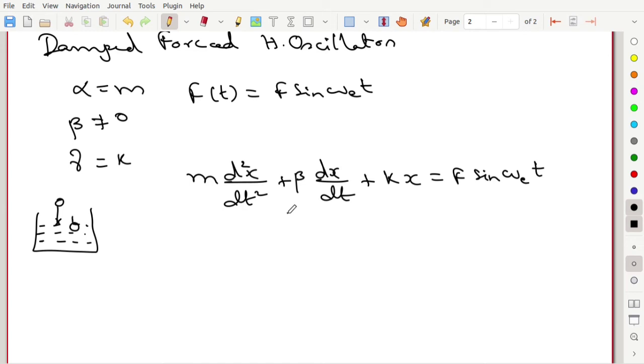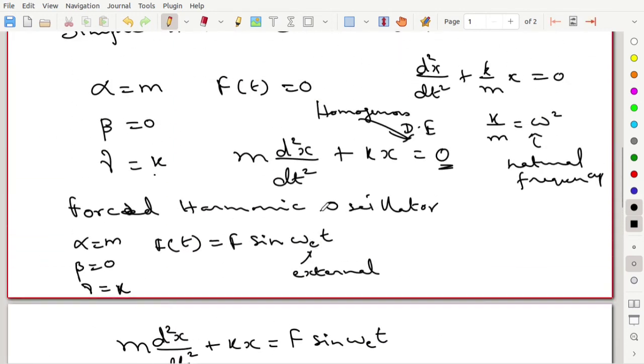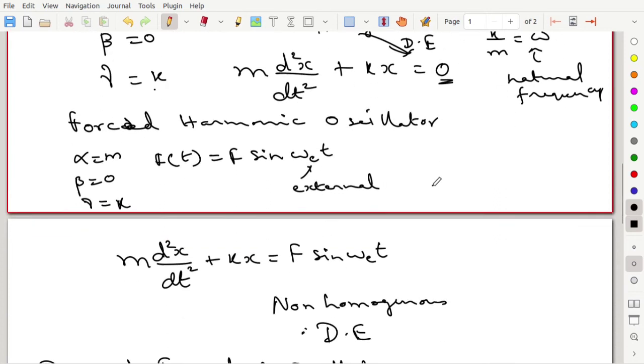Okay, so this is also an example of a non-homogeneous differential equation, because we have a function on the right hand side which is a function of the independent variable. Here we don't have a function of the independent variable, so it is called a homogeneous one.